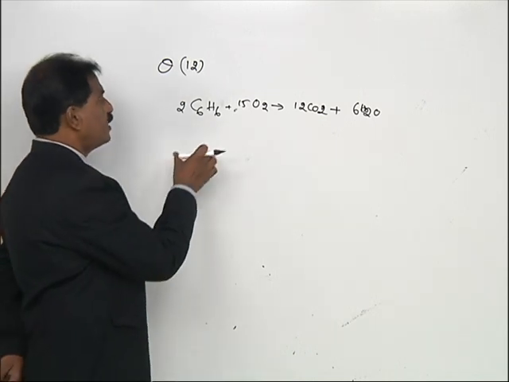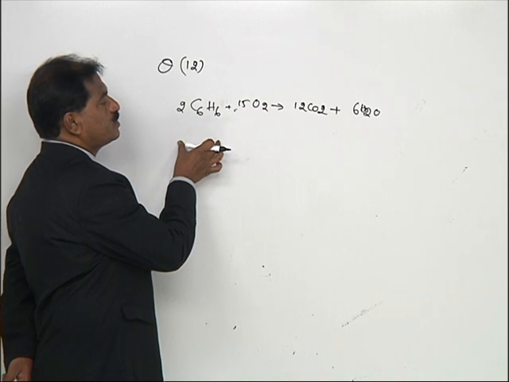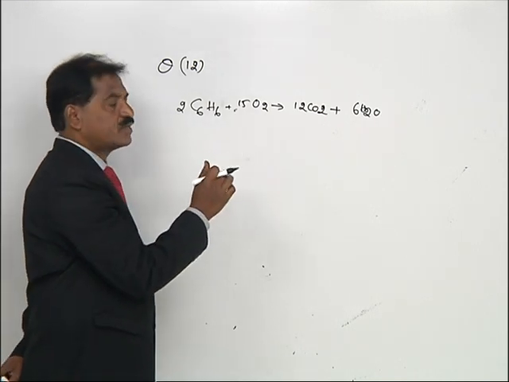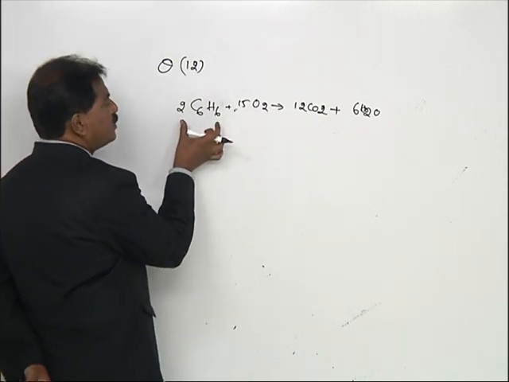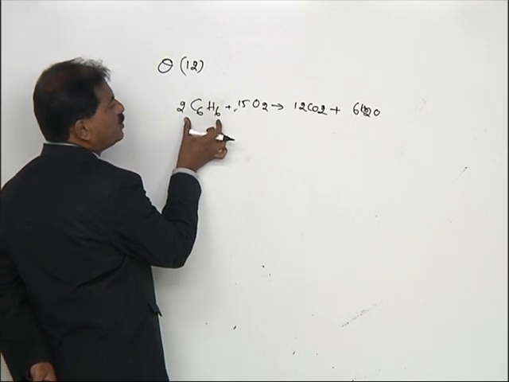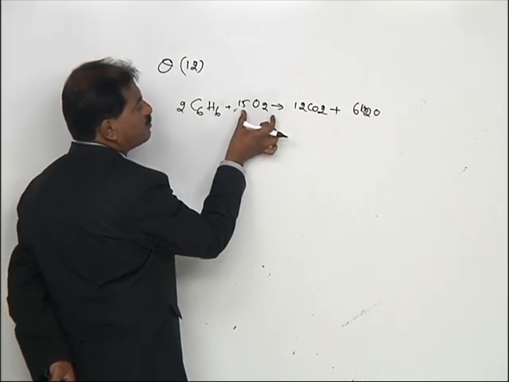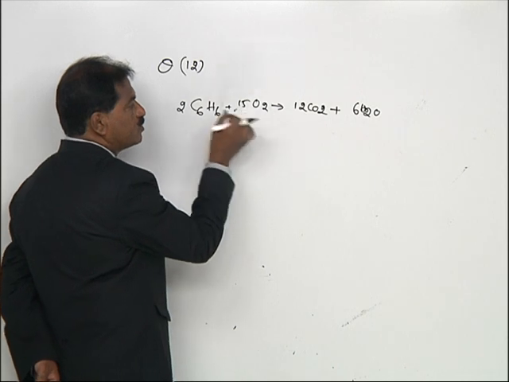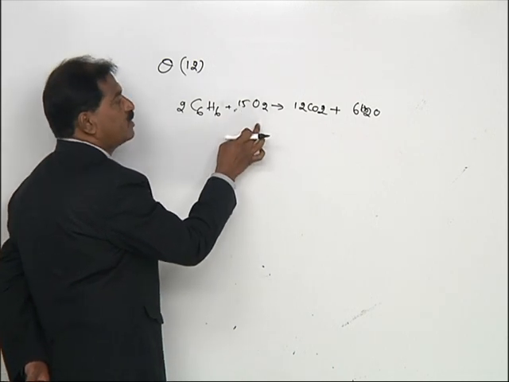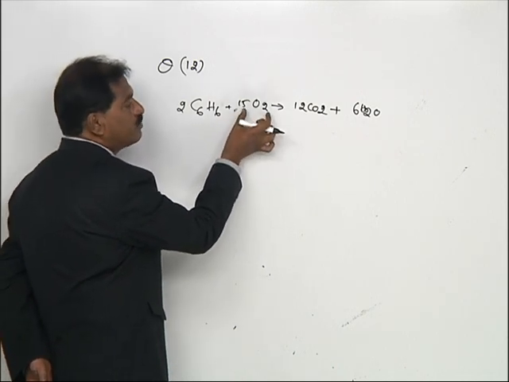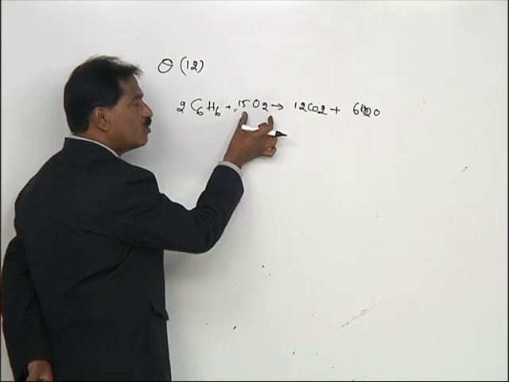Now if 39 grams of the liquid benzene participates, how many liters of the oxygen is required? See, according to the stoichiometry, 2 moles of the benzene requires 15 moles of the oxygen. So let us assume this reaction is taking place at the STP conditions. So therefore convert this 15 moles of the oxygen into the corresponding volume.